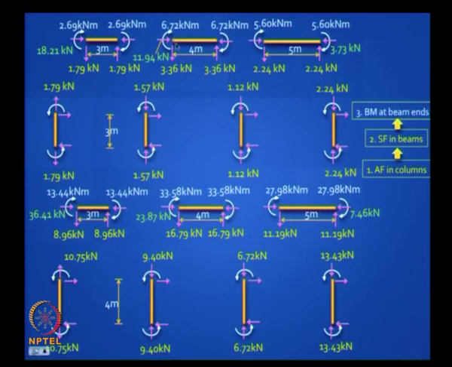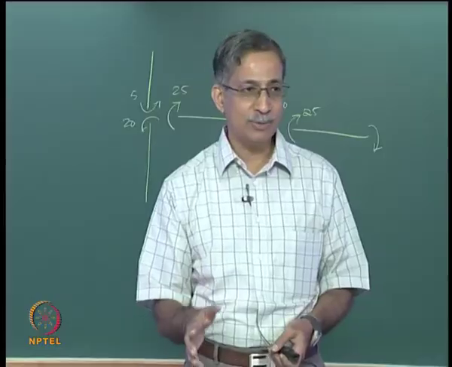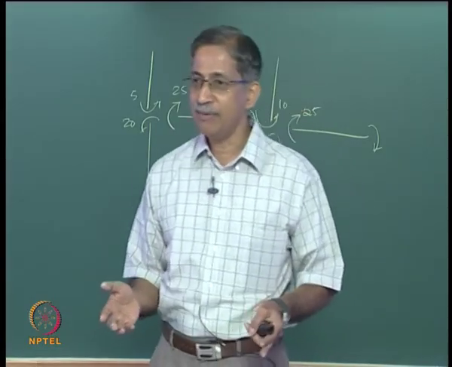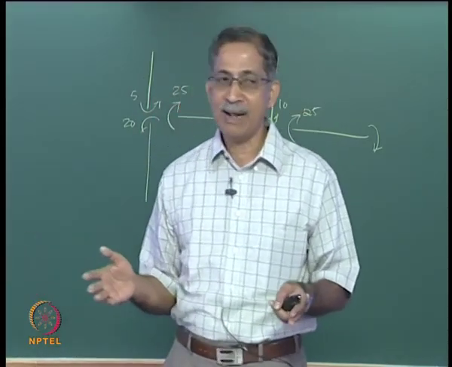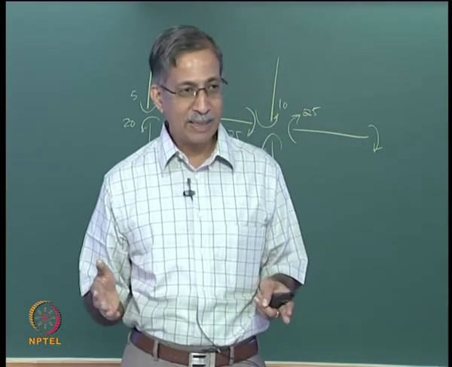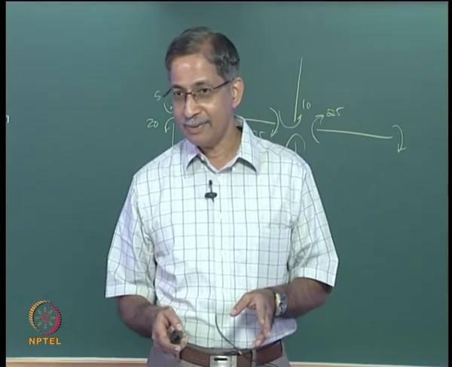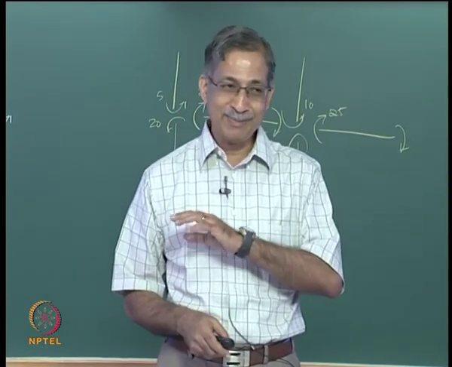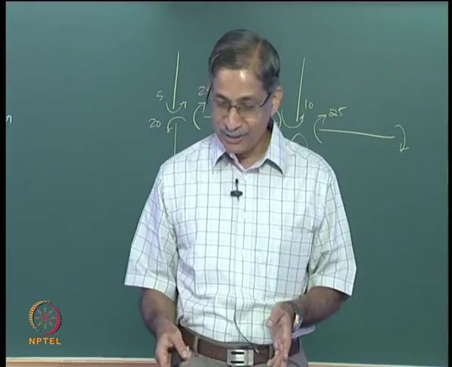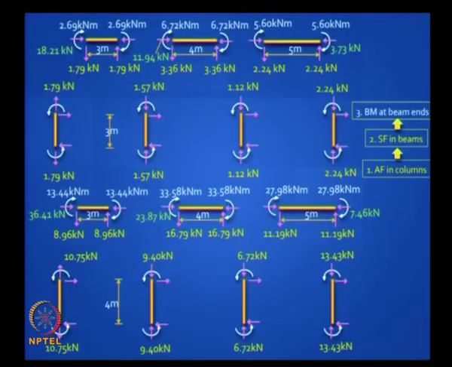Here it does not happen because your shear forces are different, your spans are different, so this needs more work. But you know what to do. Once you have the beam shear forces, multiply the shear force by half the span of the beam, and you get the moment. Clear? Have you understood? The portal method that way is much easier. Here you do much more calculation, but you can get the beam end moment.